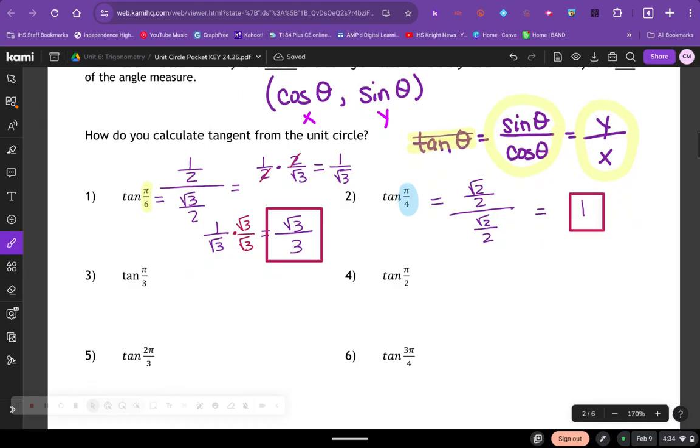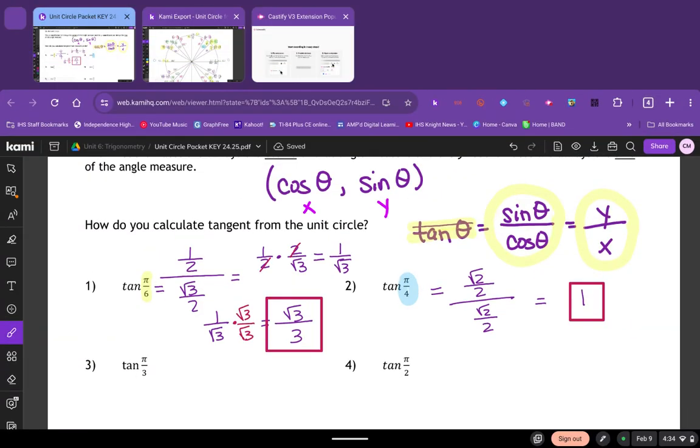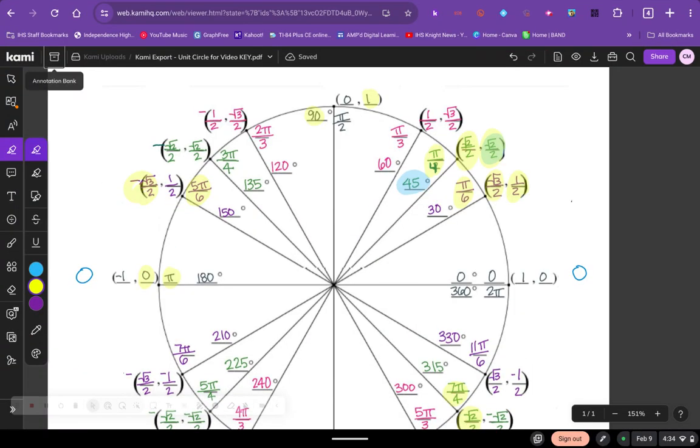Okay, let's do one more together. Let's do pi over 3. Go to the unit circle, find pi over 3. It's right here, pi over 3. This is my sine. I need to divide it by the cosine.